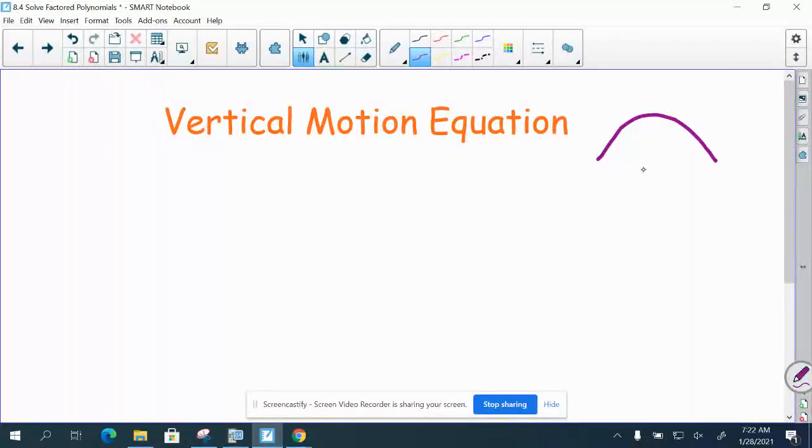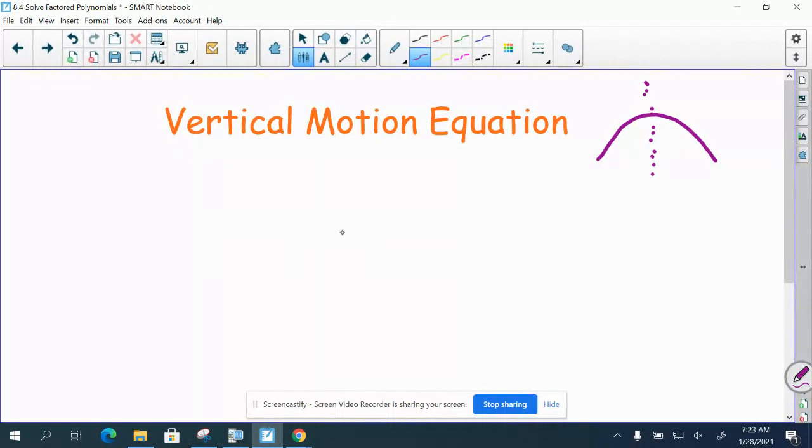If you throw a basketball, it follows this arch. It reaches a maximum height and then it comes back down in such a way that the same way it goes up is the same way it goes down. If you were to draw a line of symmetry through the middle, it would be symmetric on both sides.